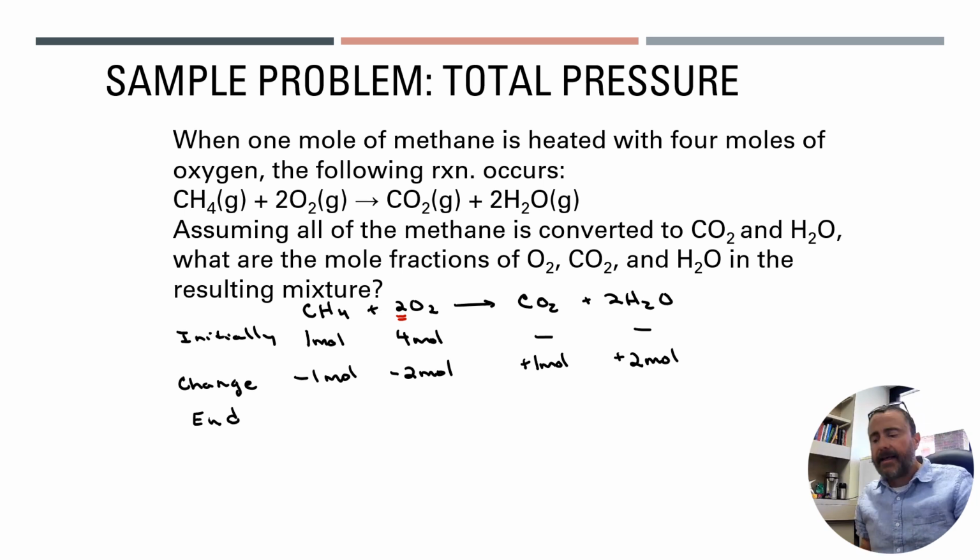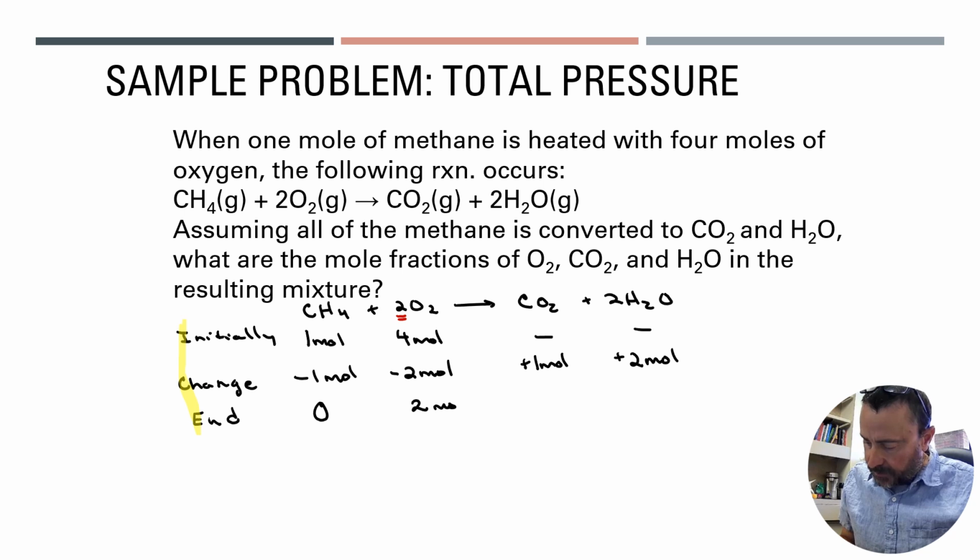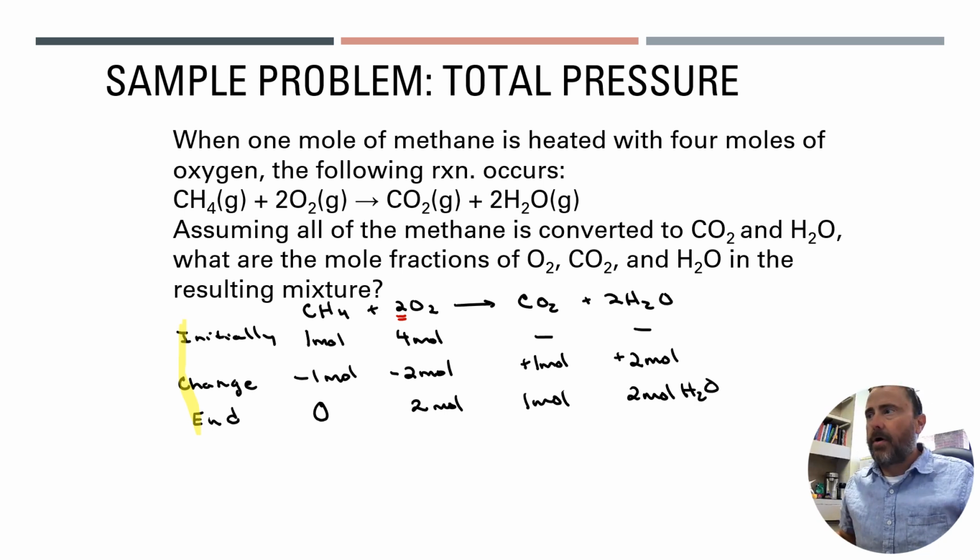Okay, so at the end of this reaction, that's the E in our ICE table. At the end of this reaction, I have 0 of my methane, 2 moles of oxygen, 1 mole of carbon dioxide, and 2 moles of water.